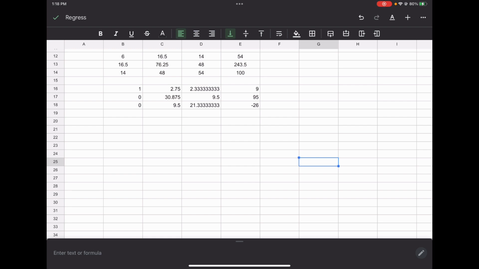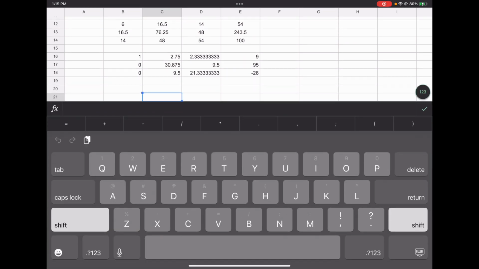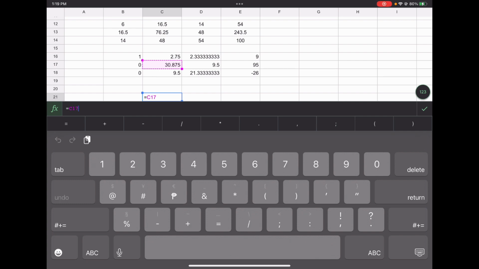So the next thing is we change this one into 1. To change that one into 1, we equate this one to this, and then we divide it by itself.